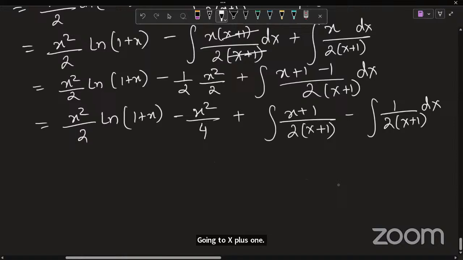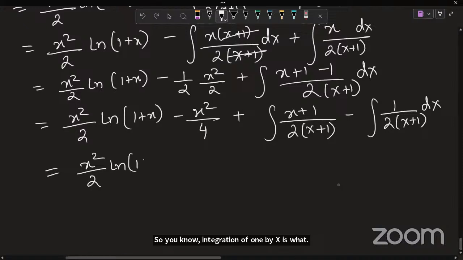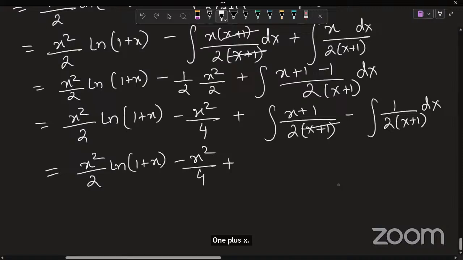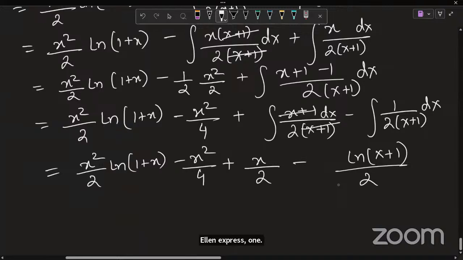So you know the integration of 1 by x is what? x square by 2 ln 1 plus x minus x square by 4 plus this one will cancel out dx, right? So it will be half the integration of x dx. It will be x by 2, minus the integration of 1 by x, which is ln x plus 1 by 2. Okay. So we got plus c because this is an indefinite integration.